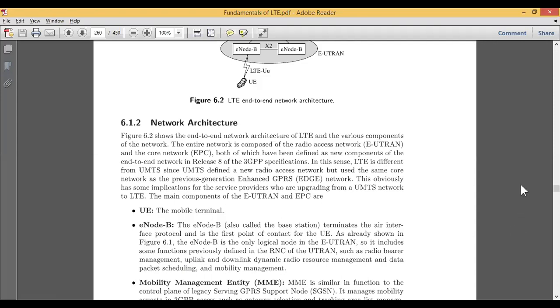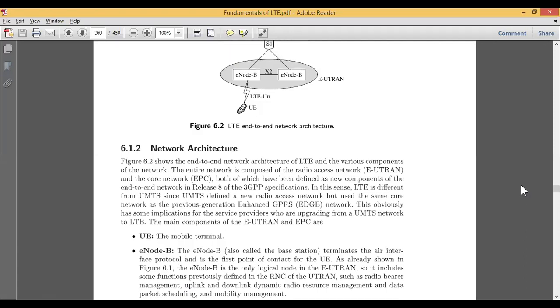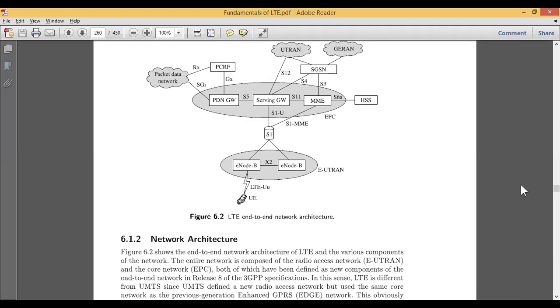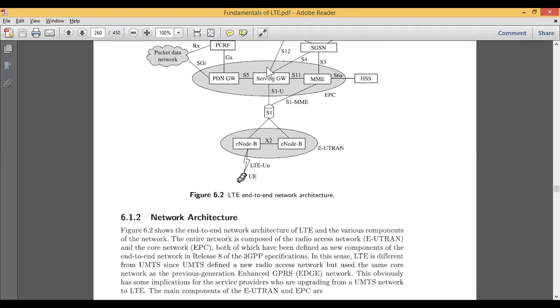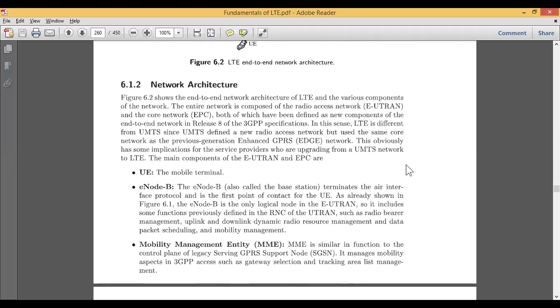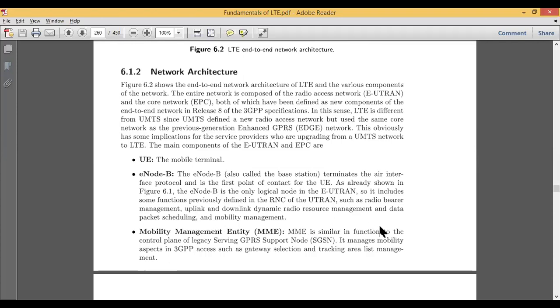Other than that, we have another terminal here, which is the MME. If you look at this particular cell here, it is the mobility management entity. It is responsible for the functioning of your control plane.